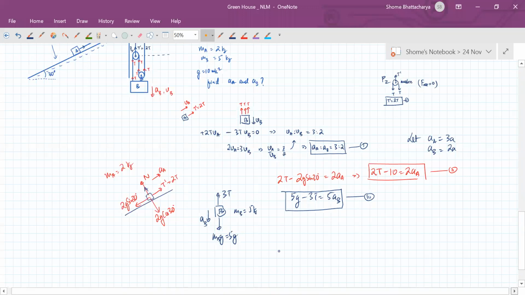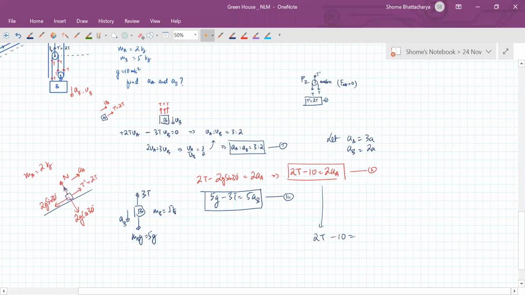G also we have written as 10 already. So 50 minus 3T is 5 into 2a. Okay, so that's our equation 3.